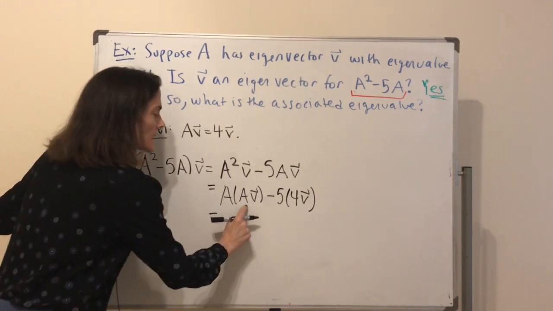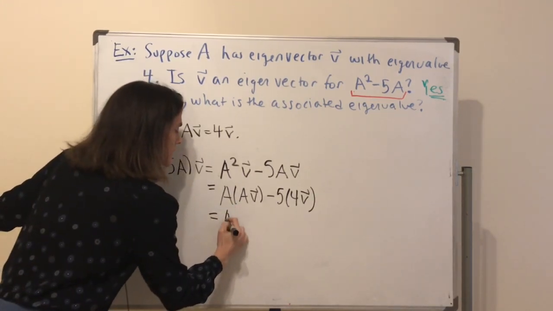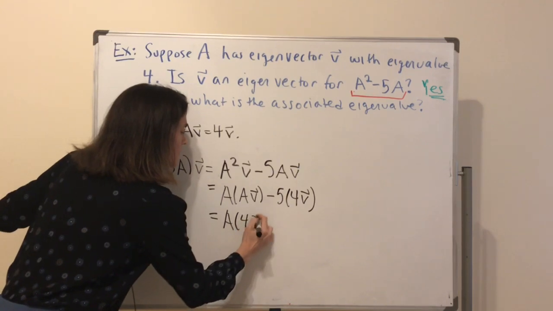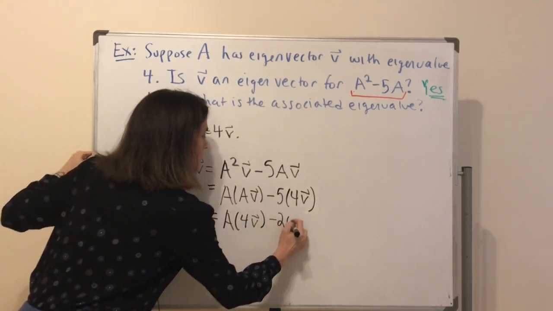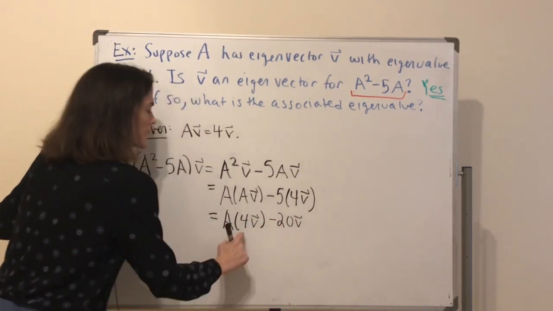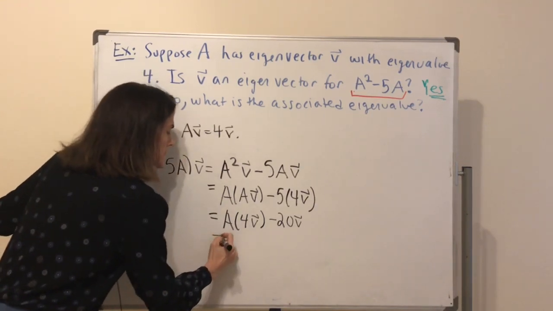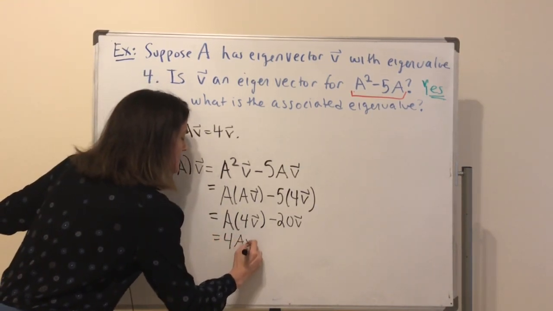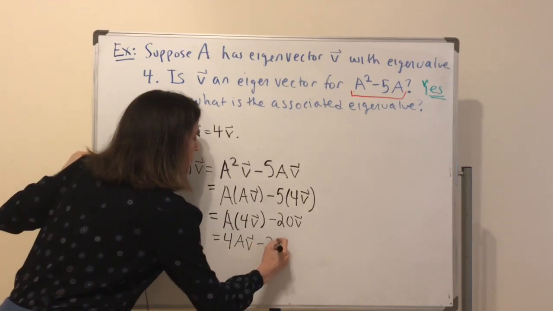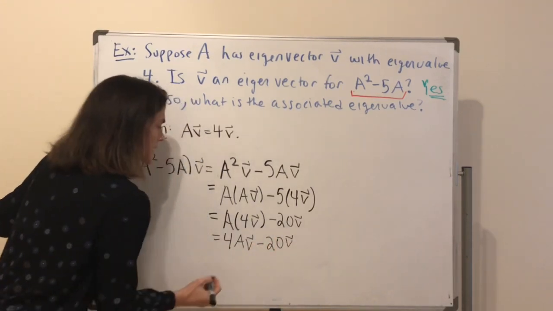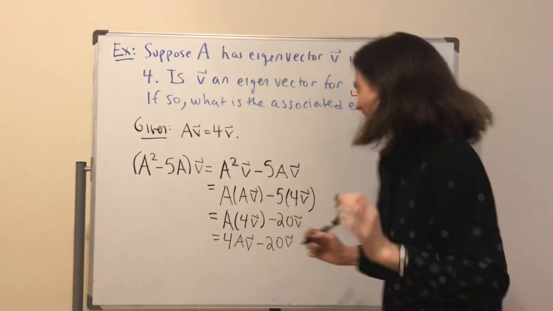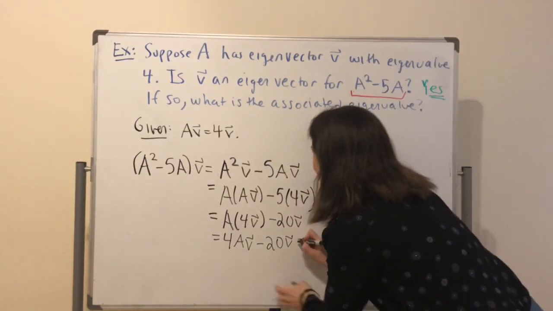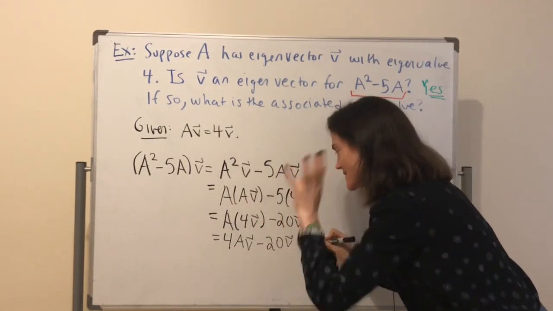Okay, but now here I use that AV is 4V. And then you can pull the 4 out. This is a property of matrix times vector. Finally, maybe I'll move over here. I will run out of space down below. Again, I use that AV is 4V.